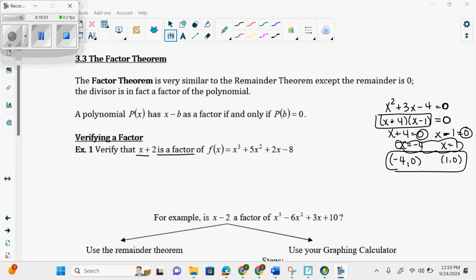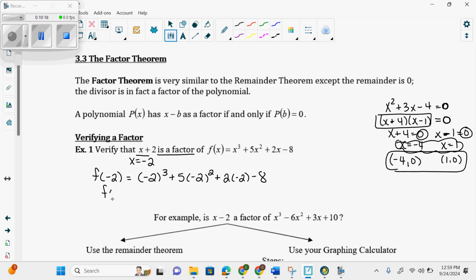Go. We're going to get x equals -2. So we're going to do f of -2 because they labeled this f of x equals -2 cubed plus 5 times -2 squared plus 2 times -2 minus 8. And so we get f of -2 equals -8 plus 20 minus 4 minus 8, which is actually 0.